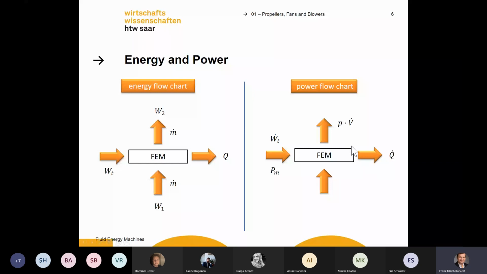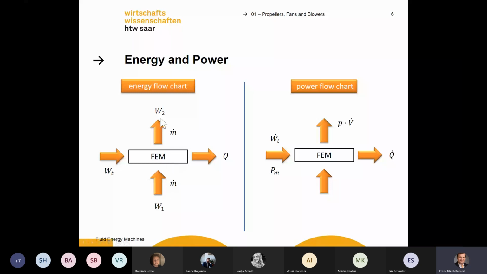So here, FEM, we have our fluid energy machines, and normally in a fluid energy machine, there goes work, W, inside, and we get some heat from it. In most of the cases, the heat is not really wanted because it's a loss. And we also have a mass flow and a workflow.